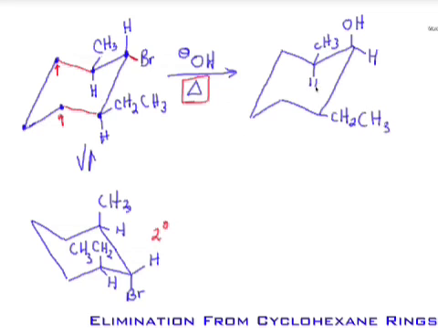With my H's down, try and draw this more accurately. There we go. And there you have it. A substitution product because anti-elimination was not possible.